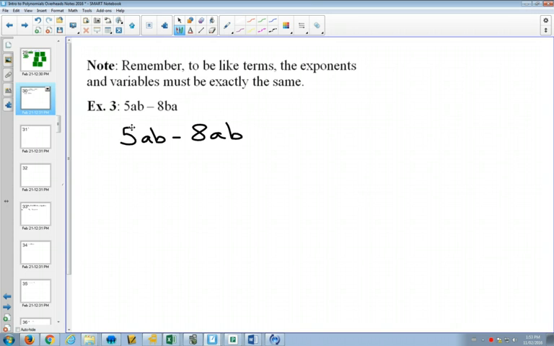And when we write them alphabetically, we really can see that these are like terms. If you had 5ab and you subtracted 8ab, how many ab's would you have? You would have negative 3. So 5 ABs minus 8 ABs would give you negative 3 ABs.